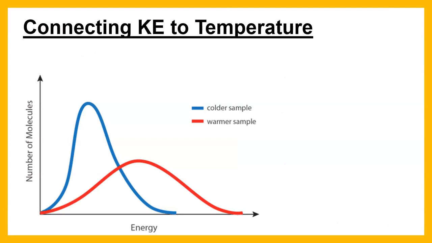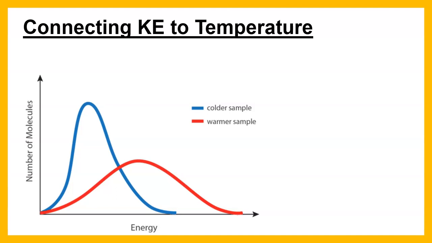Now let's connect this to temperature. People have a tendency to get confused about the difference between the energy involved and the temperature. Temperature is something we measure. You can see this graph. We have a cold sample and a warm sample.